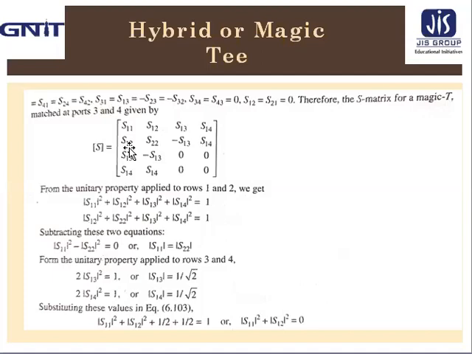and because here S21 is S12, we can write S12 and S22, and instead of S23 we can write S13 and minus S13, because S13 equal to minus S23. Then in the replacement of S23, we can write minus S13, and S24 equal to S14.